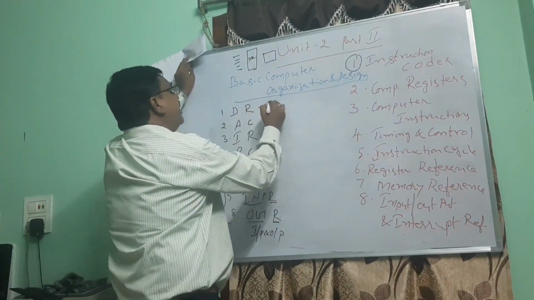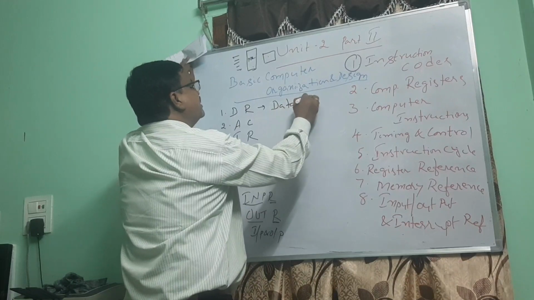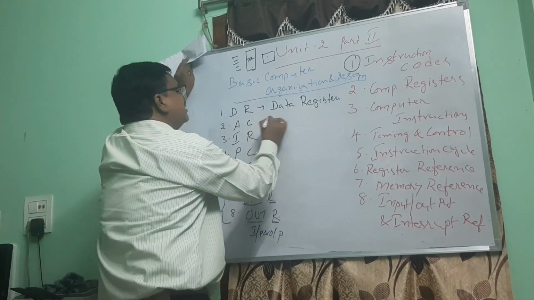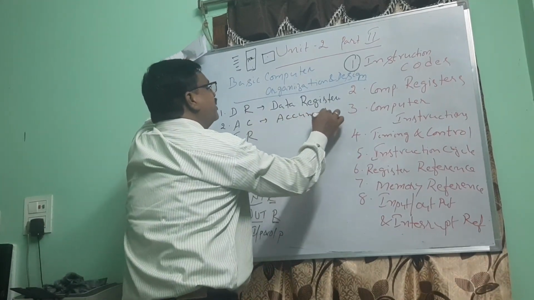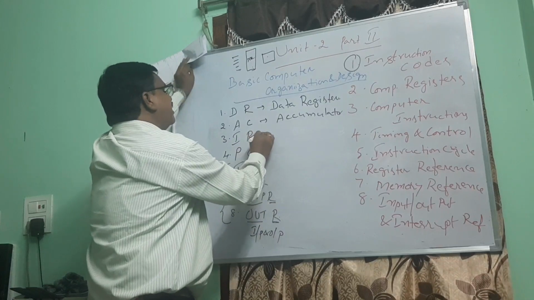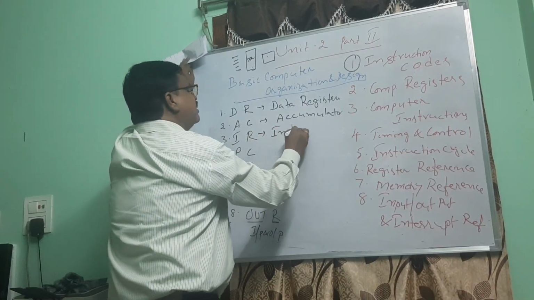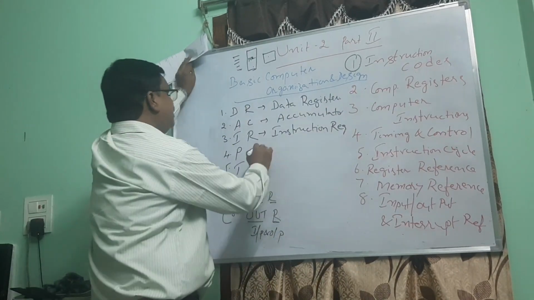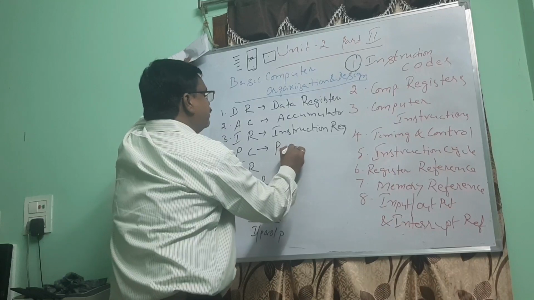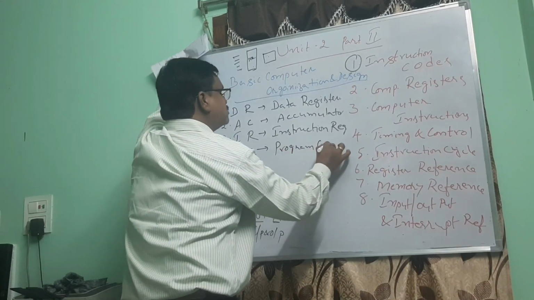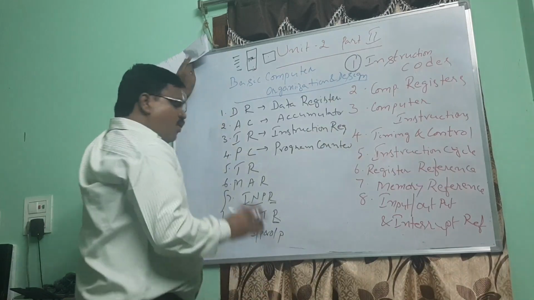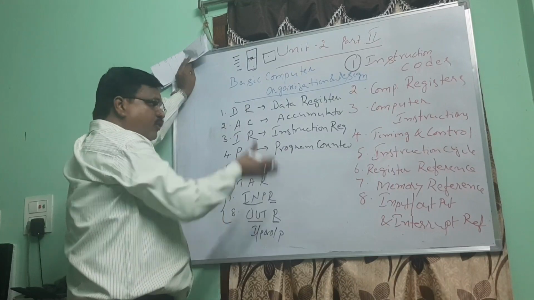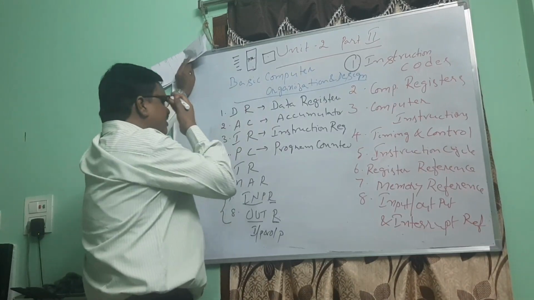What is the full form of DR? It stands for data register, and AC stands for accumulator. IR stands for instruction register. PC stands for program counter. What is the purpose of each register, what is its length, how it looks, all those things we will discuss later.